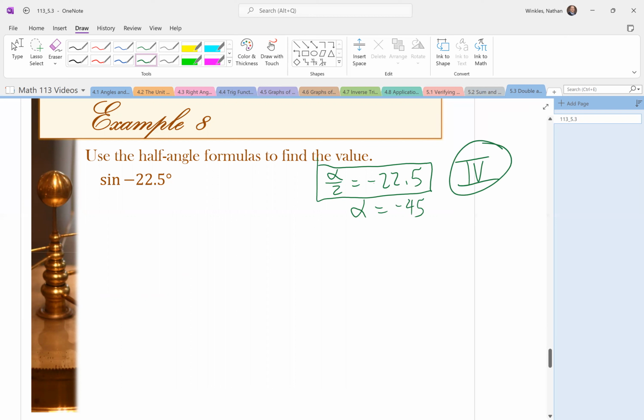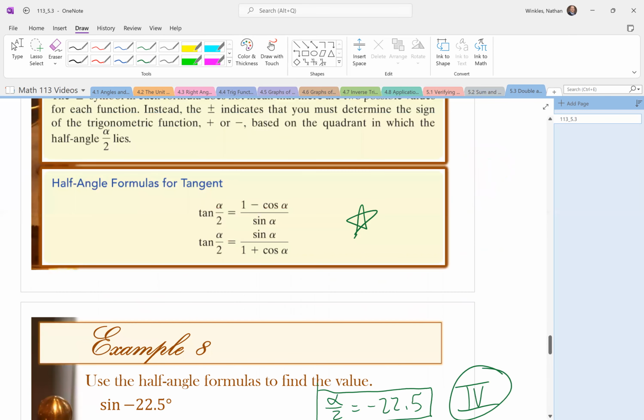So with this being in the fourth quadrant, sine of negative 45 over 2 is equal to, I like writing mine like this, fourth quadrant, sine is going to be negative by our rules right here.